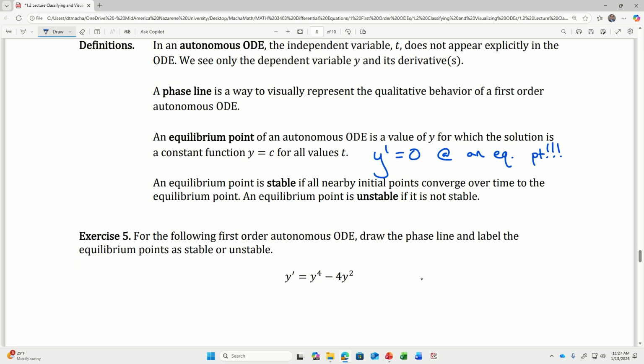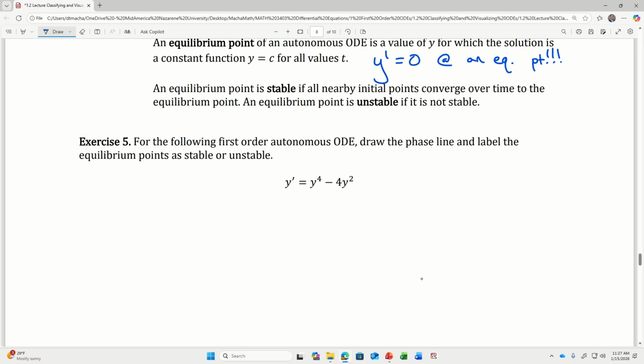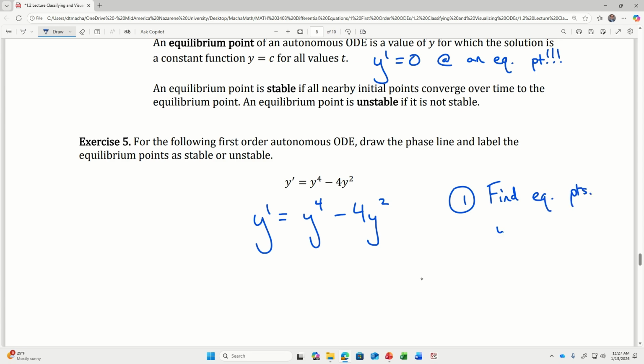So exercise 5 says, for the following first order autonomous ODE, draw the phase line and label the equilibrium points as stable or unstable. So the first step, I think, if you get this, y prime equals y to the 4th minus 4y squared, is going to be to find equilibrium points. And an equilibrium point is where y prime is equal to 0.